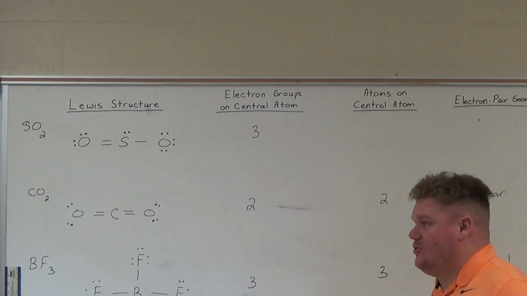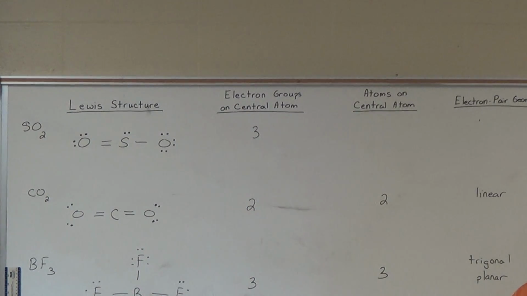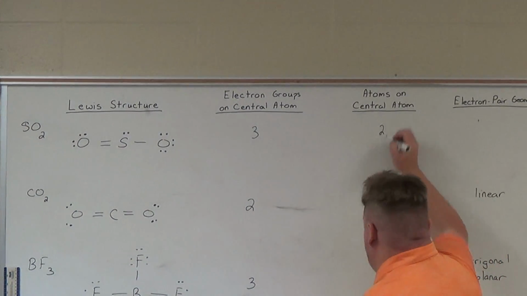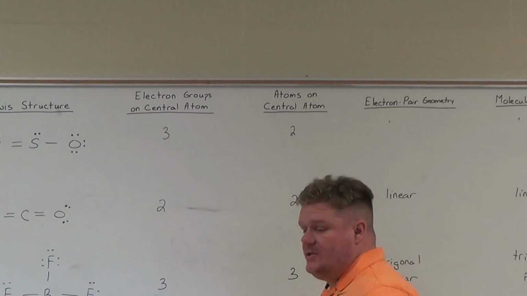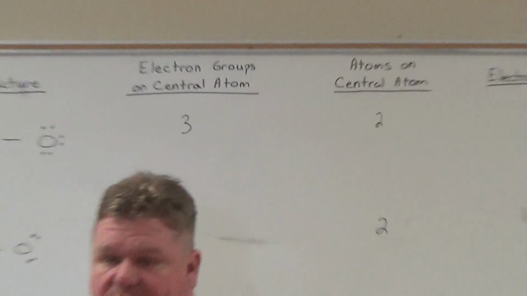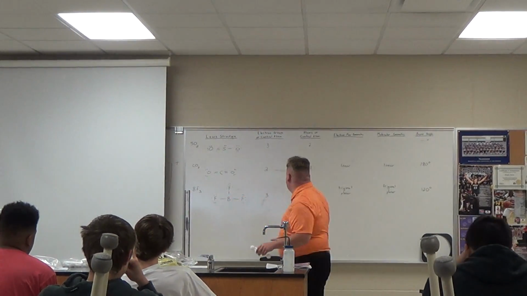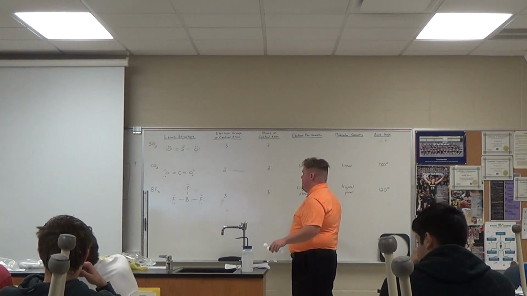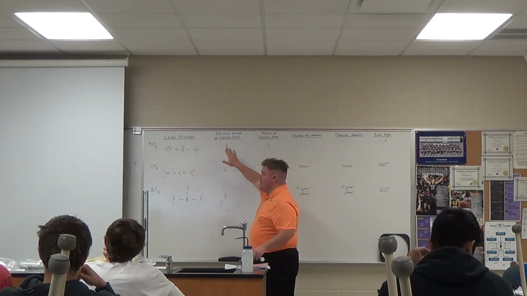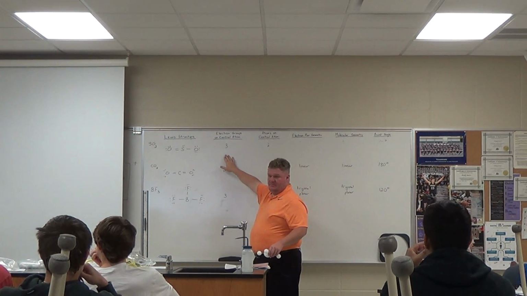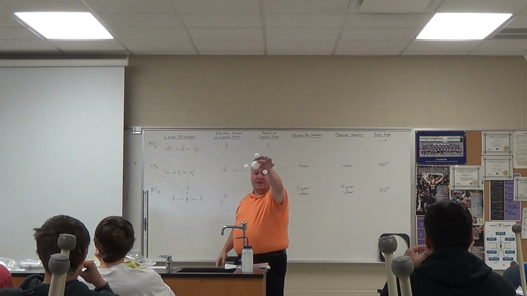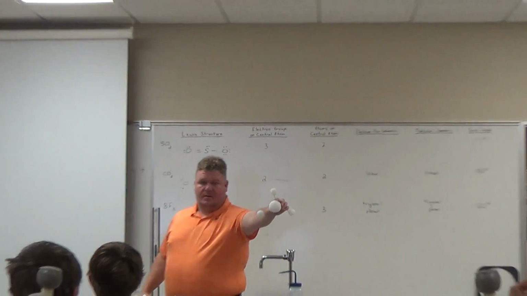How many atoms are on the central atom? 2. All right. Here's the most important idea from this geometries here. What determines the basic geometry, or what we call the electron pair geometry, is only the number of electron groups. This was my previous structure right here.